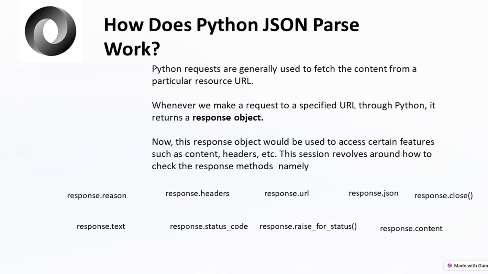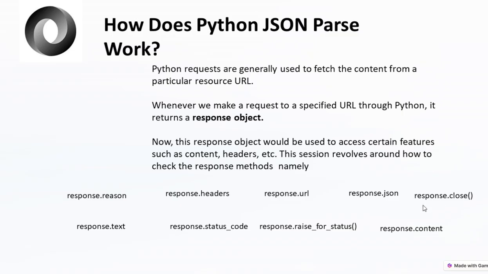Response provides various methods to get the content and the headers. We will be discussing how response.headers works, response.reason, response.text, URL, status code, raise for status, response.json, response.content, and close.